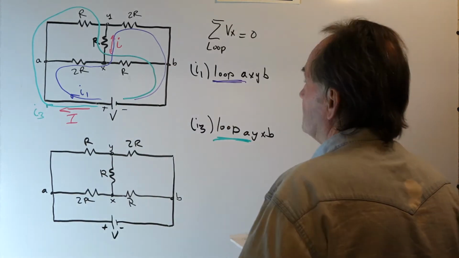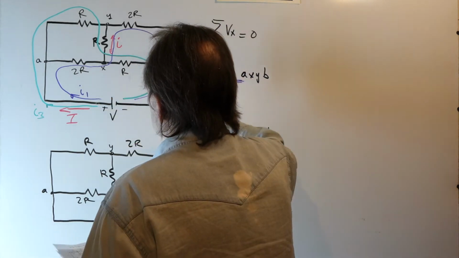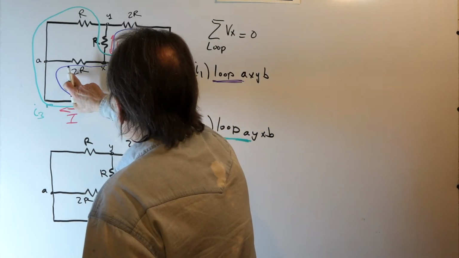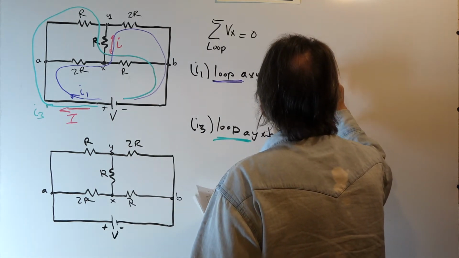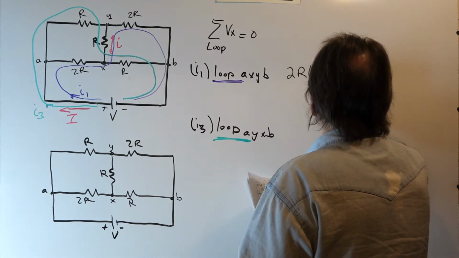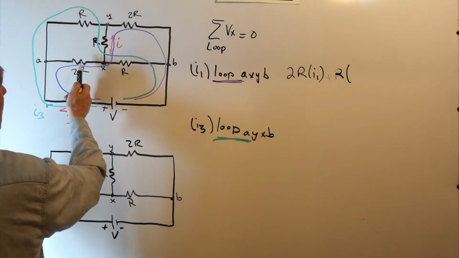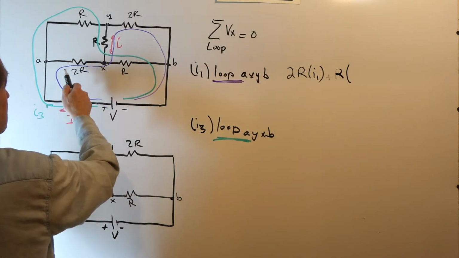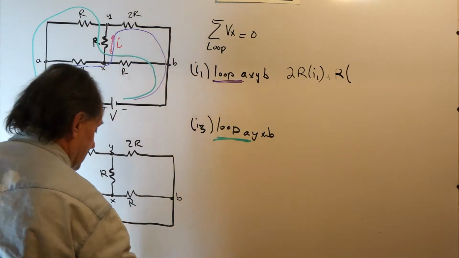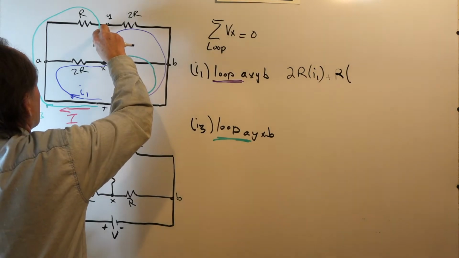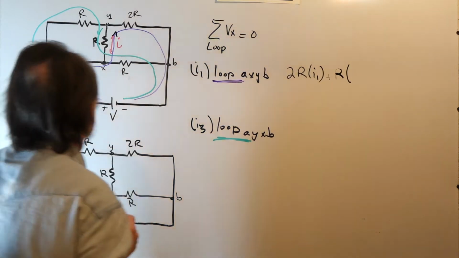All right, let's look at the first loop. Loop A, X, Y, B. So we sum all the voltages. I1 is going through 2R, so we write 2R I1 plus R times, now we have 2 currents flowing in R. The positive direction is in the direction of I1, so it's I1 minus I3, because you see I3 is in this direction and I1 is in this direction.